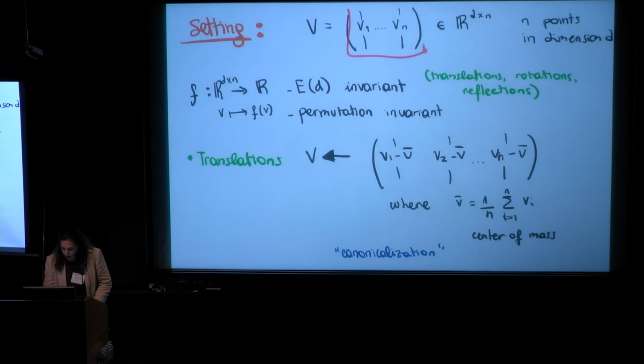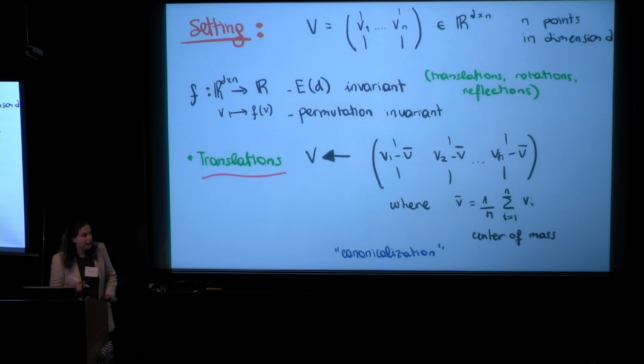We can write it as this matrix over here. And so we want a function that takes these n points in dimension d and outputs, say, a real number. And we want it to be invariant with respect to orthogonal transformations, which are translations, rotations, and reflections, so E(d). So it's O(d) plus translations, and also permutation invariant.